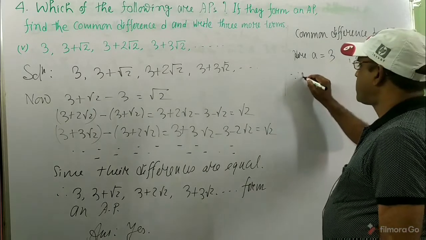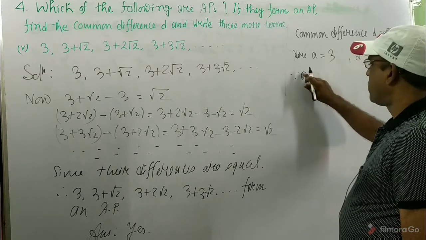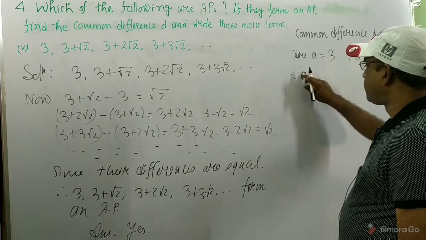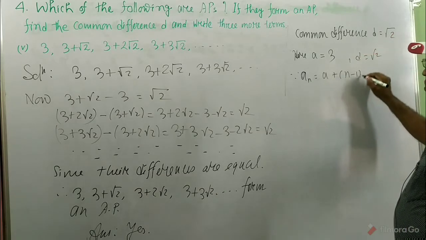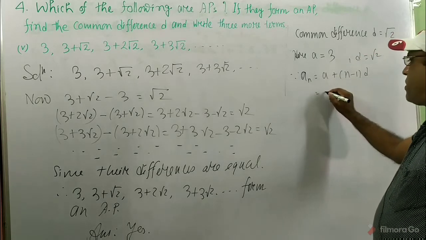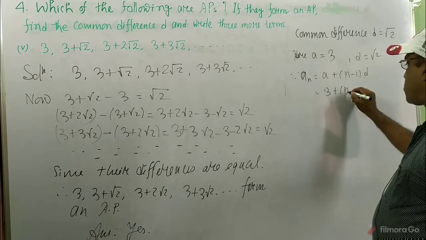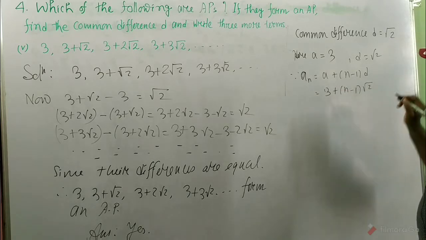The nth term a_n equals a plus (n minus 1) times d. So a is 3, and d is root 2.